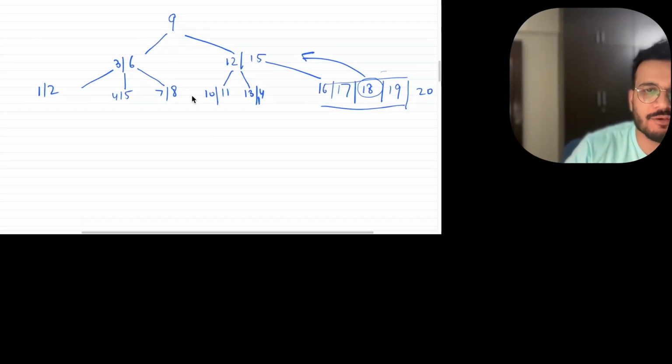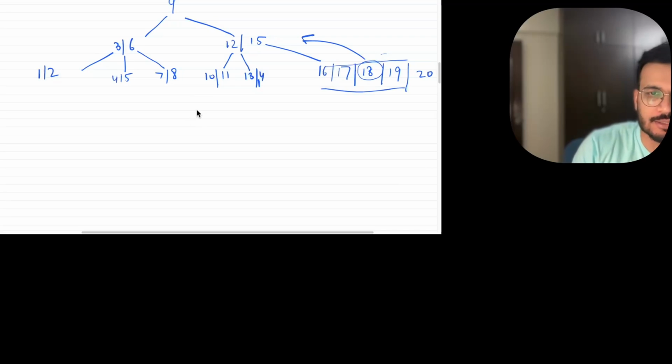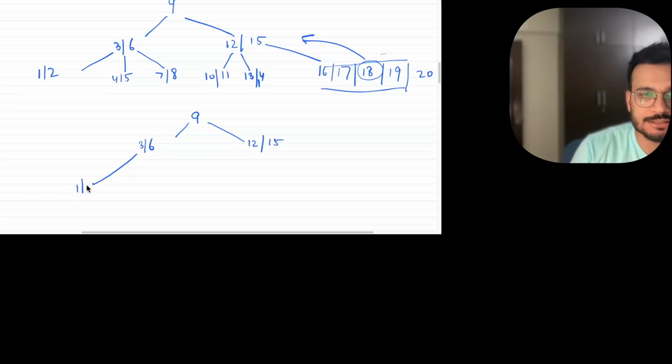Now we have 9, 3, 6, 12, 15, then 1, 2, 4, 5, 7, 8. 12 will have left child as 10 and 11.